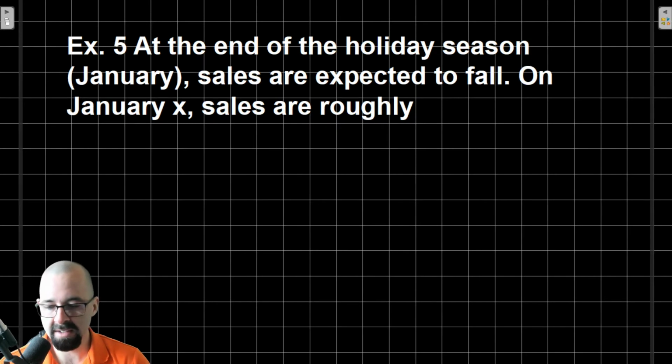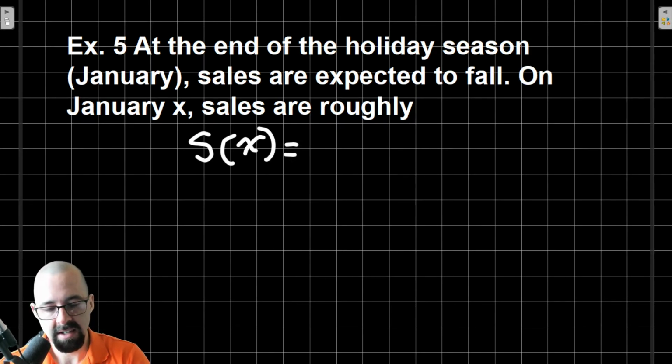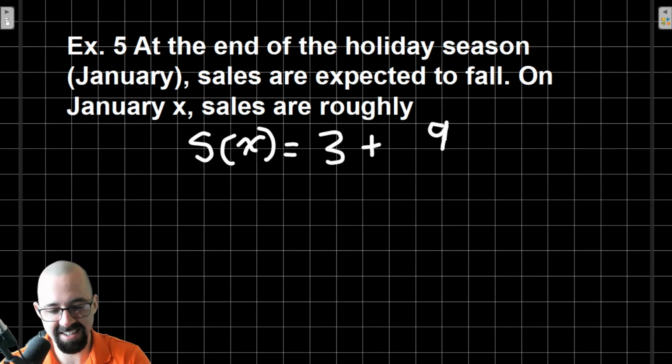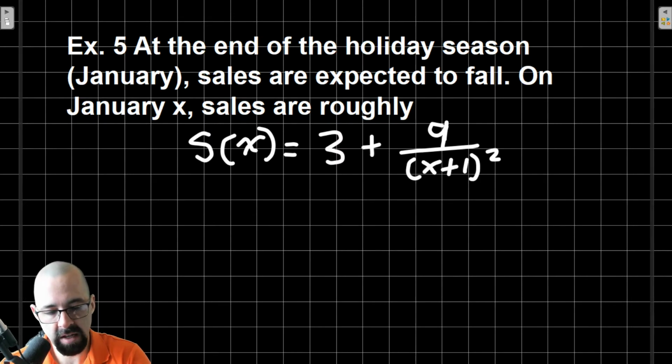On January X, sales are roughly given by the function S of X equals 3 plus 9 divided by X plus 1 squared. So on January 1st, the sales are what happens when we plug in 1. And this is given in thousands of dollars.